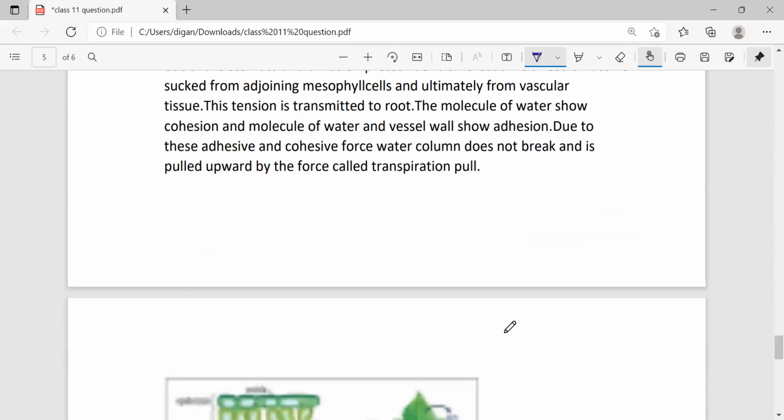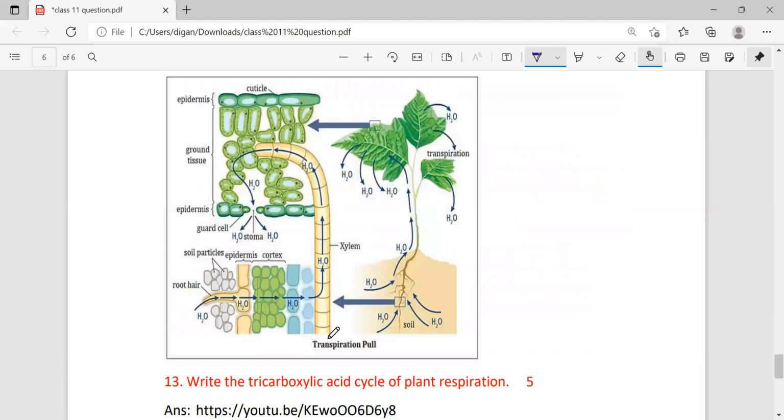So now come to the diagram. Look at the diagram. These are the stomata. With the help of the stomata, water goes outside during transpiration, and as a result, in these mesophyll cells the amount of water becomes low, meaning water deficiency is there. As a result, it takes water from the adjoining cell, and then water deficiency is created there.